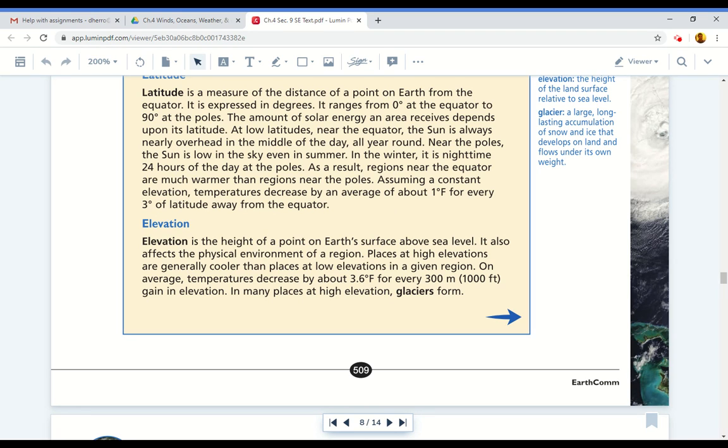In the winter, it is nighttime 24 hours of the day at the poles. As a result, regions near the equator are much warmer than regions near the poles. Assuming a constant elevation, temperatures decrease by an average of about 1 degree Fahrenheit for every 3 degrees of latitude away from the equator.